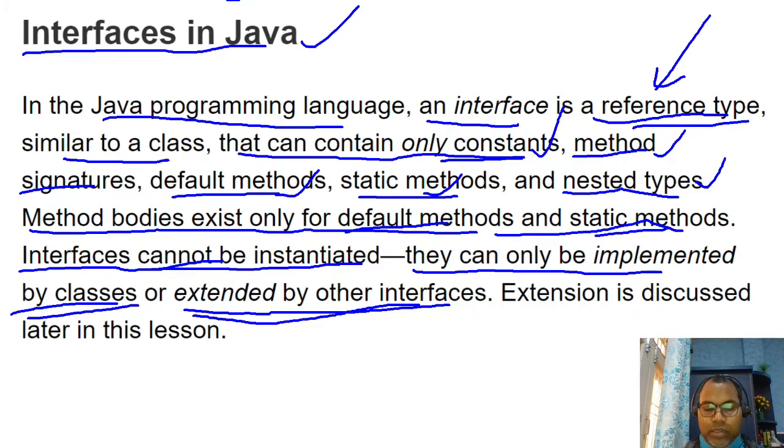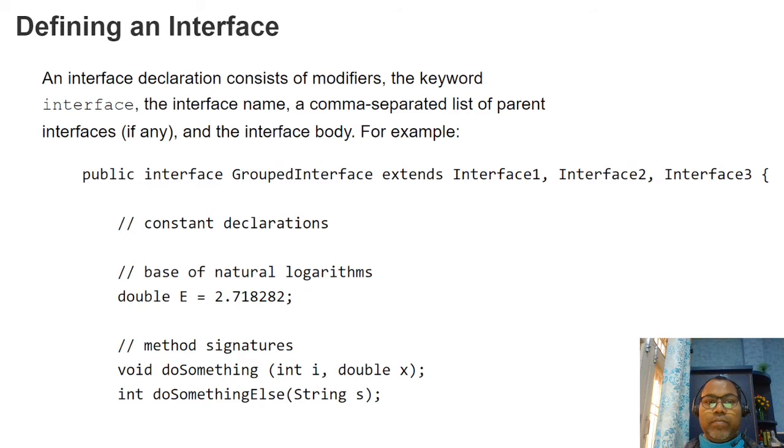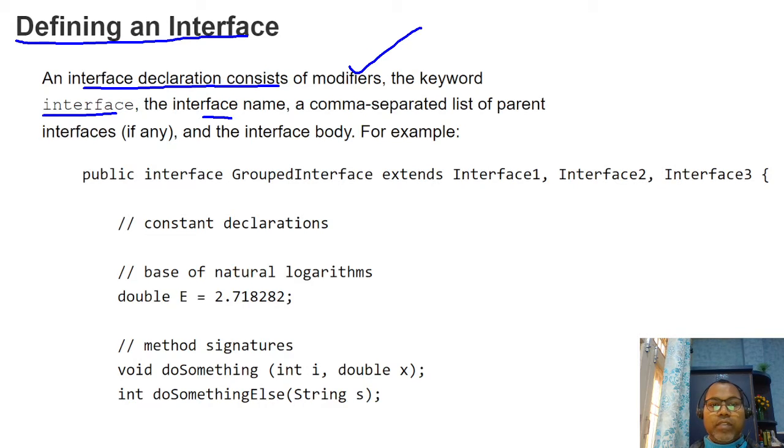Okay, so let's discuss the syntax. If you're talking about how to define an interface: an interface declaration consists of your modifier, the interface keyword, the interface name, and a comma separated list of parent interfaces, if any.